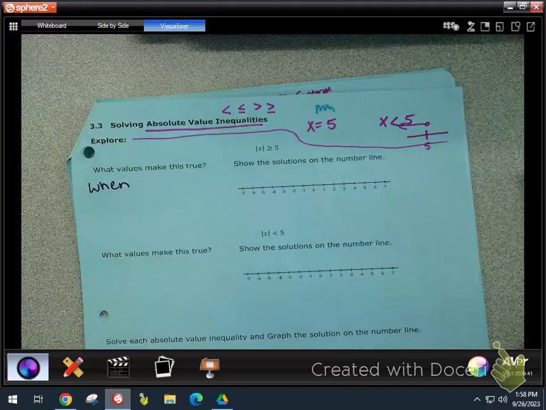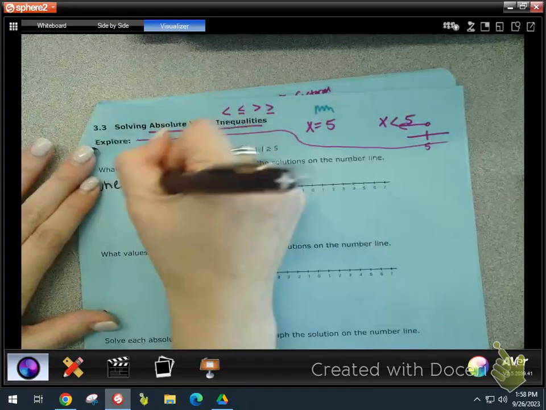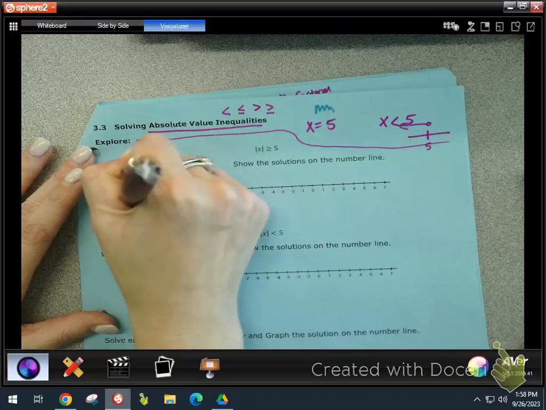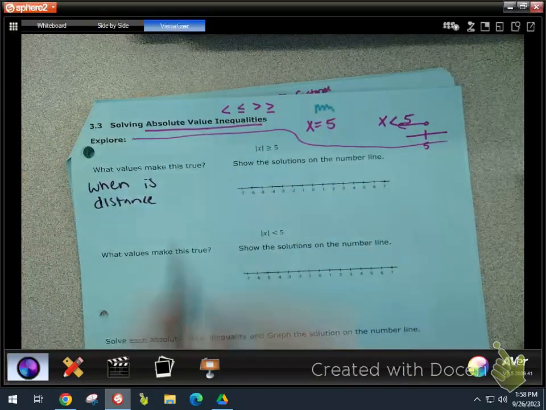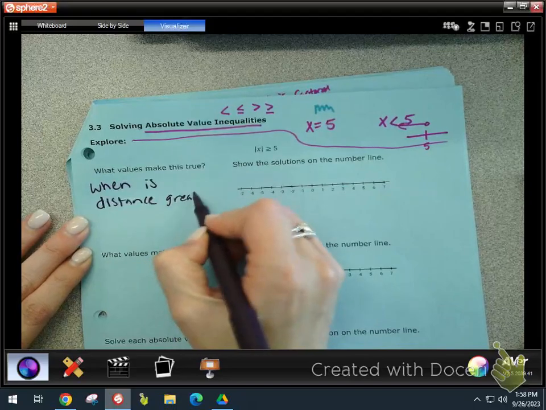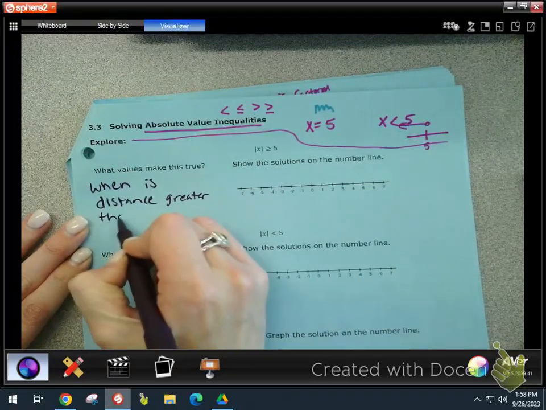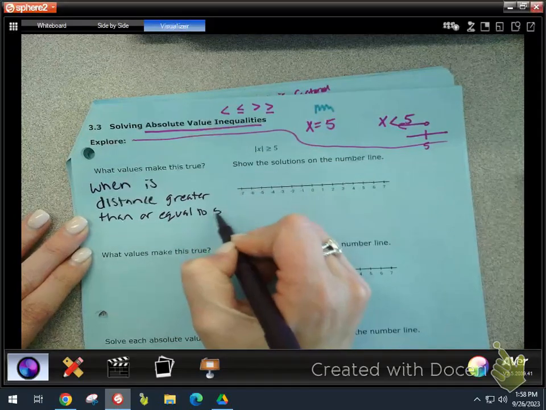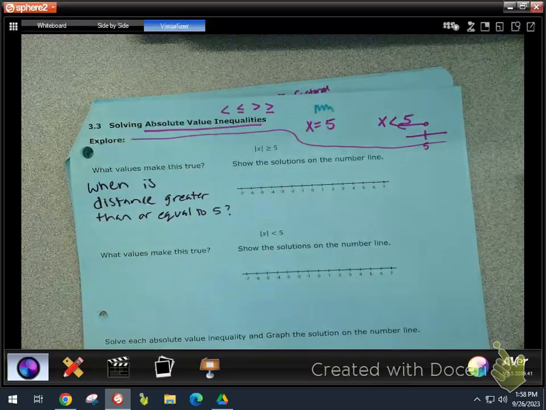What's the definition of absolute? Distance from 0. So when is the distance greater than or equal to 5? This is in words what I'm answering, okay?